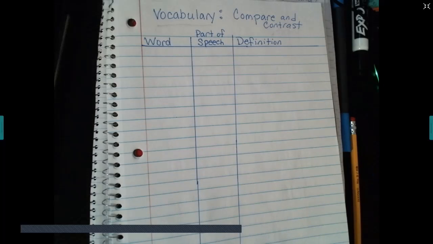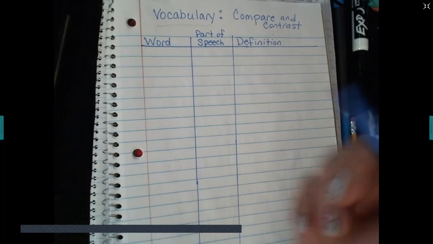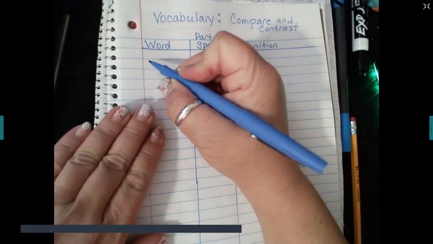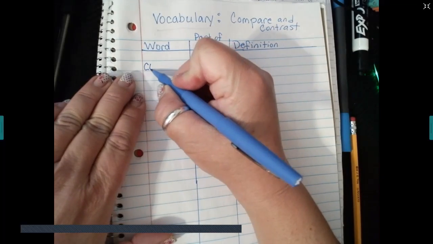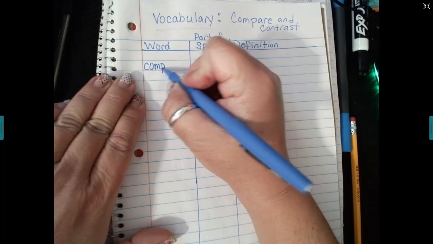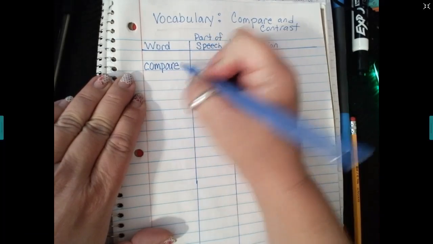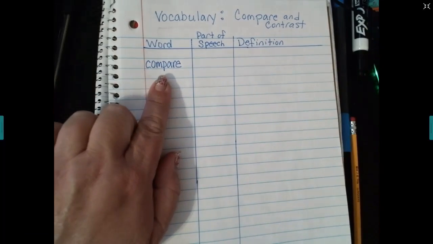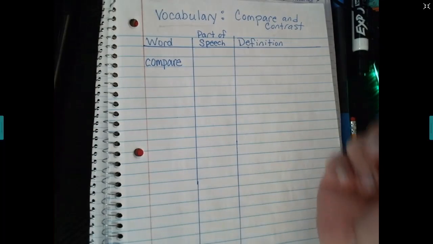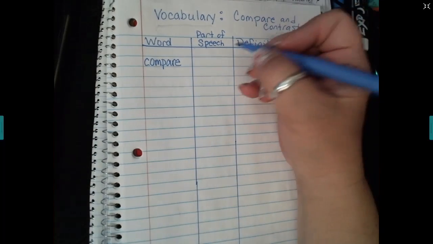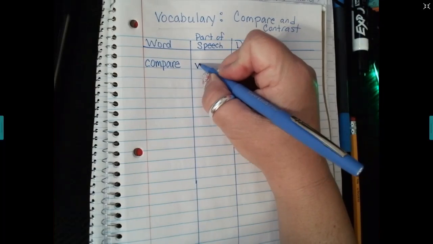All right, so here's an example of what I mean. We're doing the word compare. So you would write the word compare under the column that says the word. This is the word we're going to define. We said that the part of speech for the word compare was a verb.